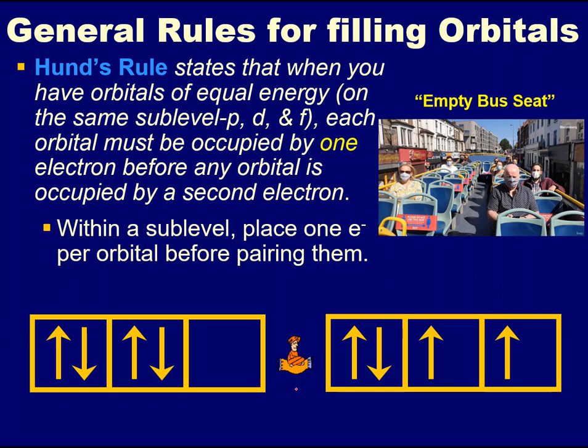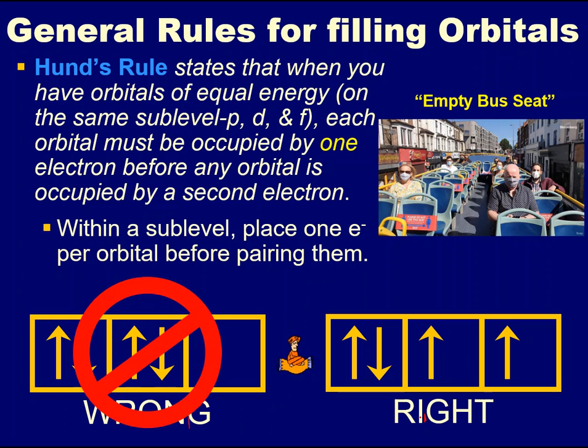If you have those particular orbitals, you must fill the orbitals individually first before pairing them up. So if we're looking at our example, the one on the left would be incorrect because you put 2 in each. According to Hund's rule, we want to put 1 in each first and then pair them up.